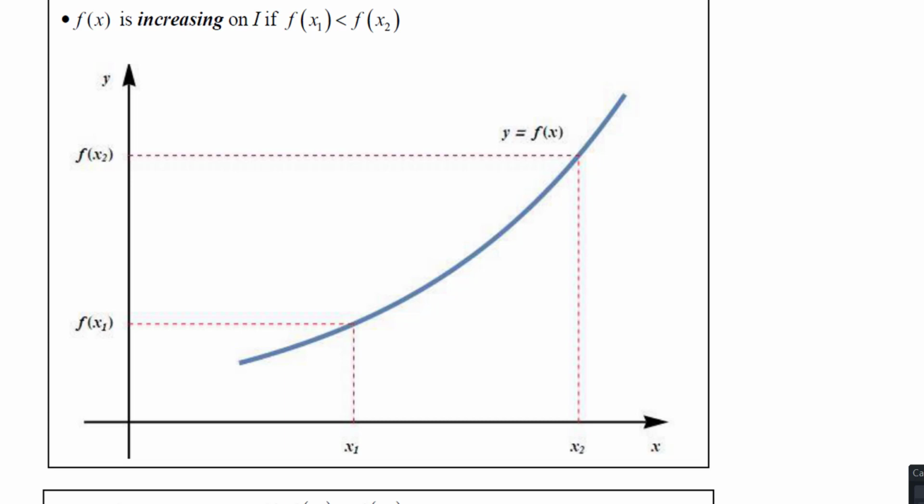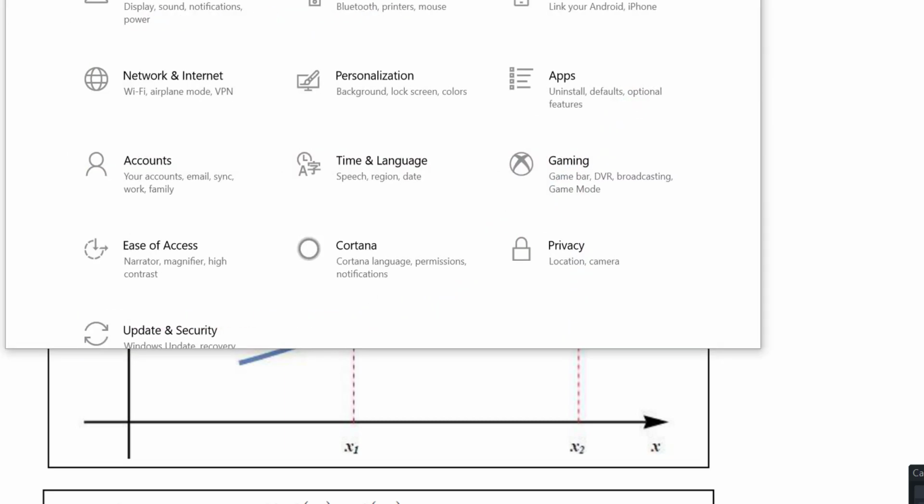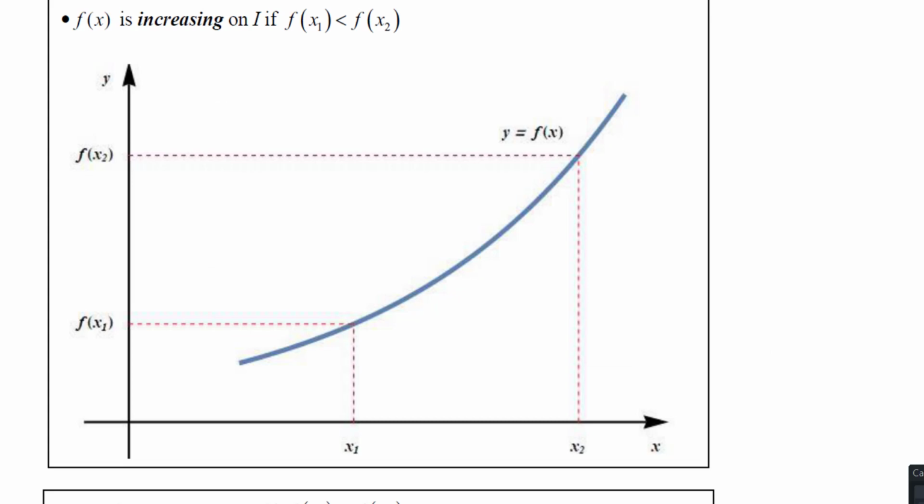Our setup is that we consider an interval I to be some open interval, so an interval which does not contain the endpoints, something like the interval (a, b), where a and b are real numbers.